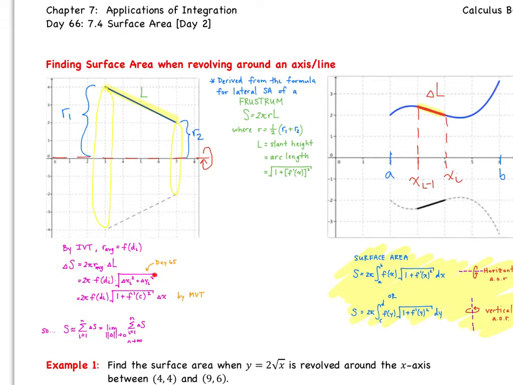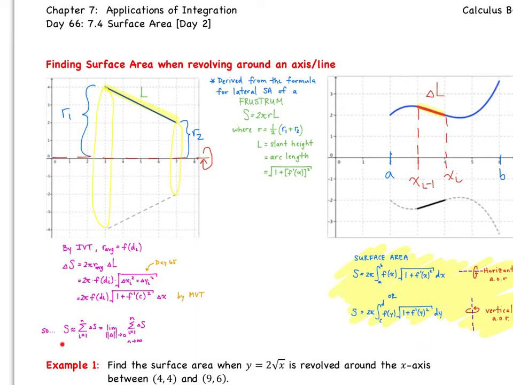We went through the derivation of this, and we get 2 pi times f of d_i times the arc length, so the square root of 1 plus f prime of some c value squared, times delta x. That's by our mean value theorem, which we walked through yesterday.